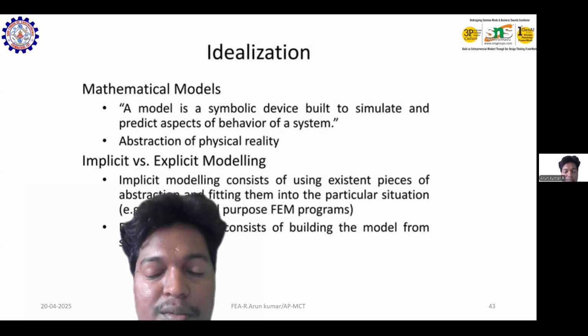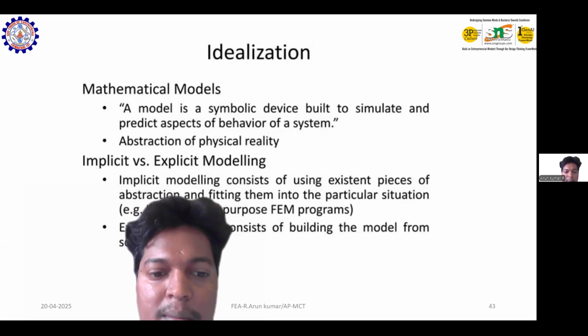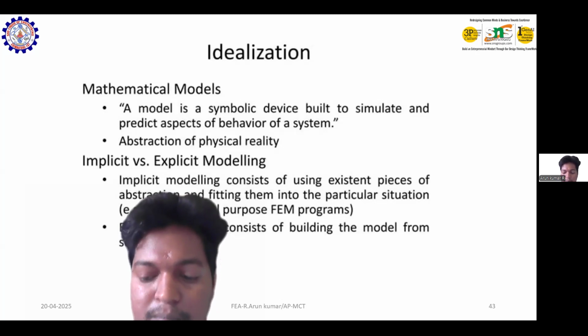What is implicit versus explicit modeling? Implicit modeling consists of using existing pieces of abstraction and fitting them into the practical situation, for example, when going for general-purpose FEM programming. Explicit modeling consists of building the model from scratch.